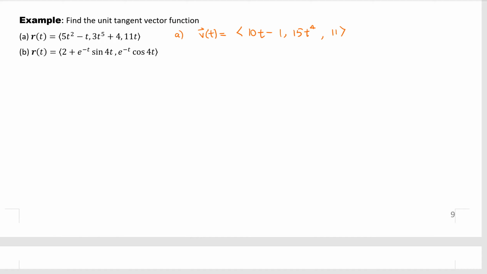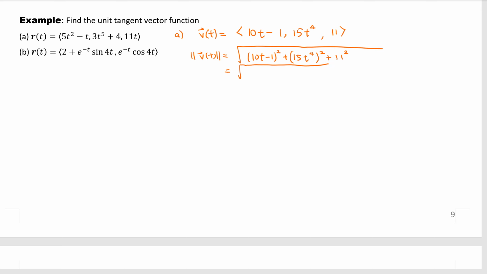Okay, to find the unit tangent vector, we find the tangent vector, and then we find the length of the tangent vector. Well, it's the square root of each coordinate squared. What is that? Well, let's see.